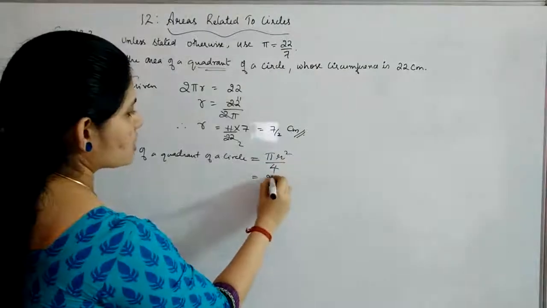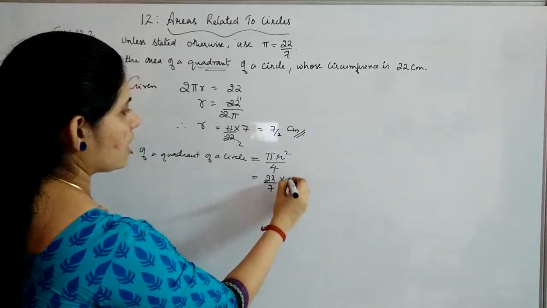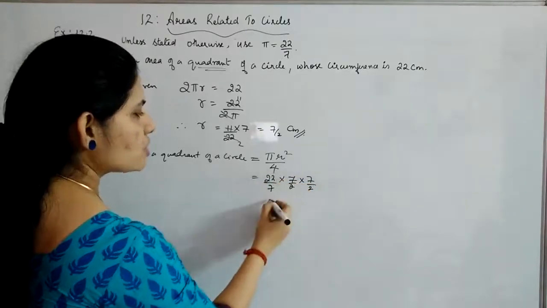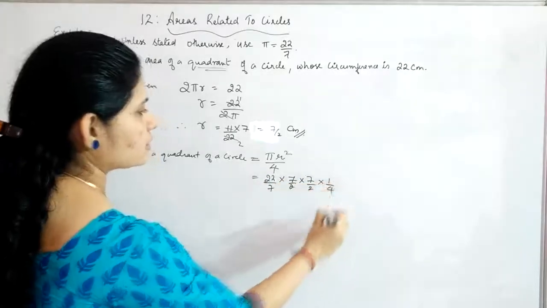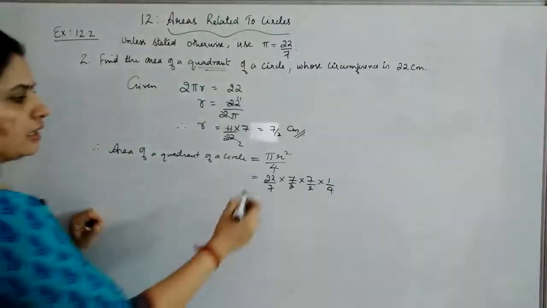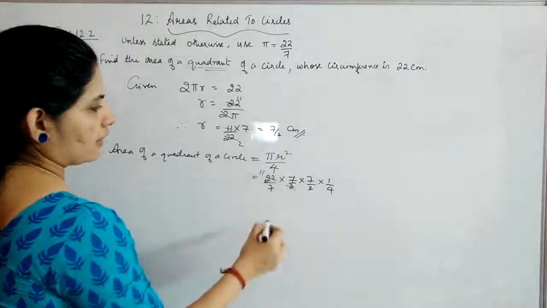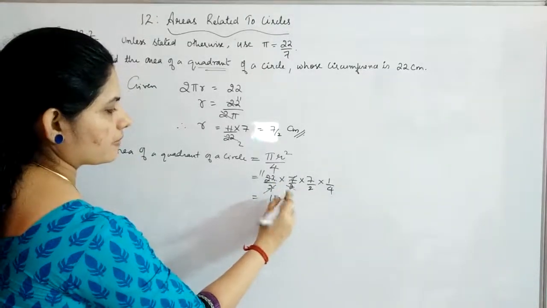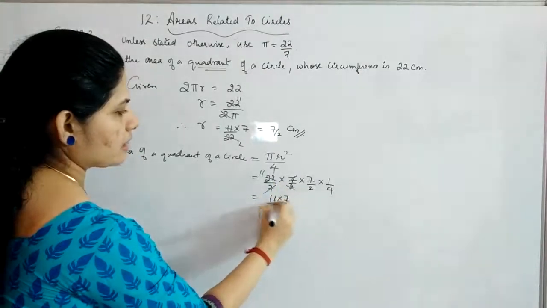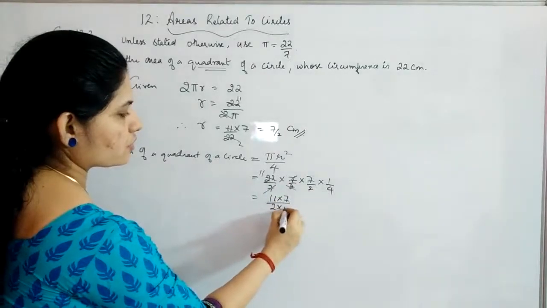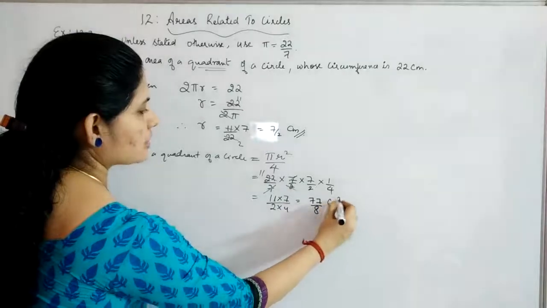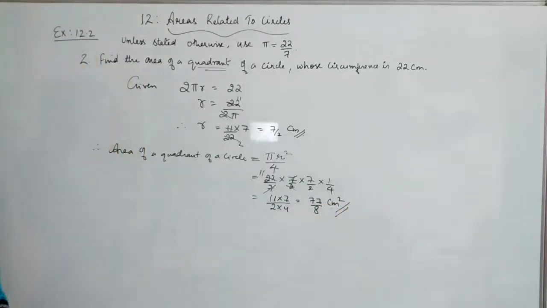Pi 22/7 into r 7/2 the whole square, divided by 4. Okay. Now this will go here 11, 7 will go. So 11 into 7 divided by 2 into 4. So you are getting 77/8 centimeter squares as the area of the quadrant.